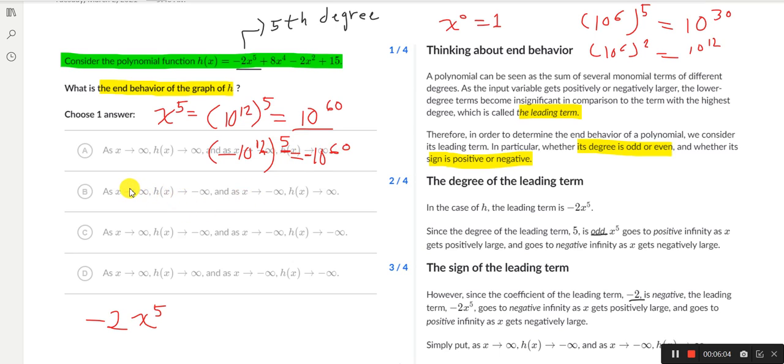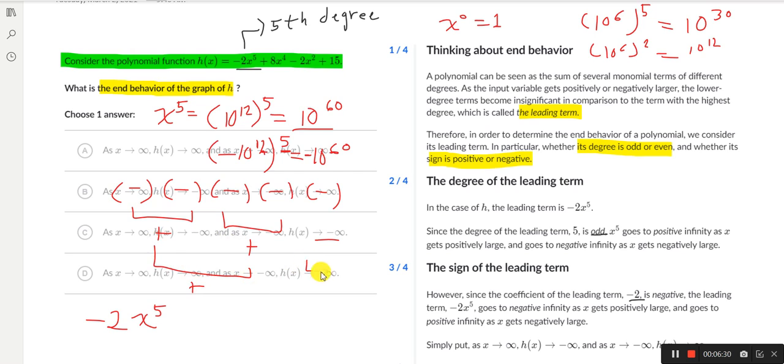If you think about it as multiplying the signs, you have an odd number, so the signs will multiply each other 5 times. You can think about this as negative times negative is positive, and then positive times positive is positive, and then positive times negative is negative. So that's why you will have a negative sign here.